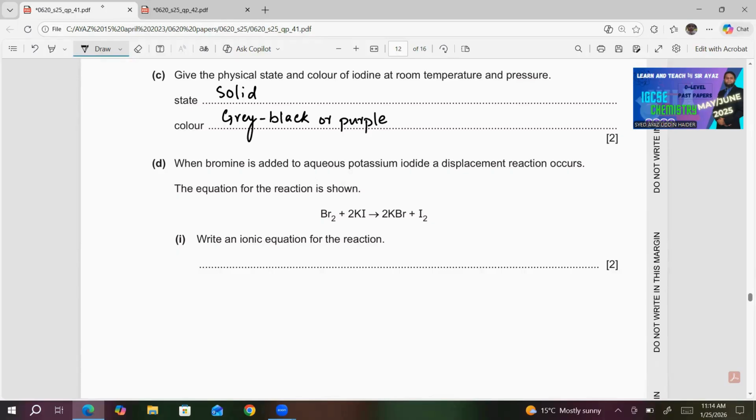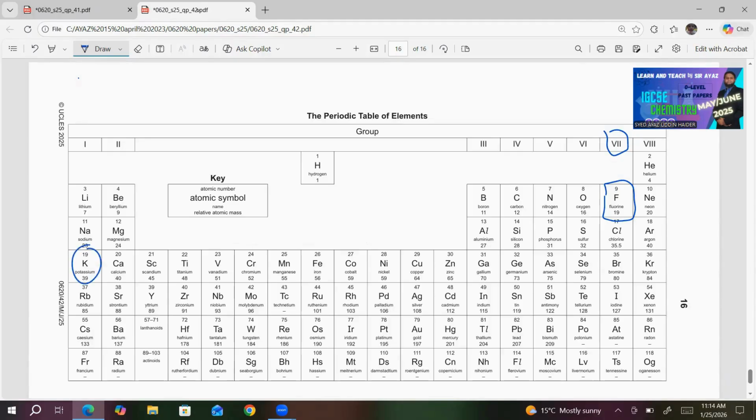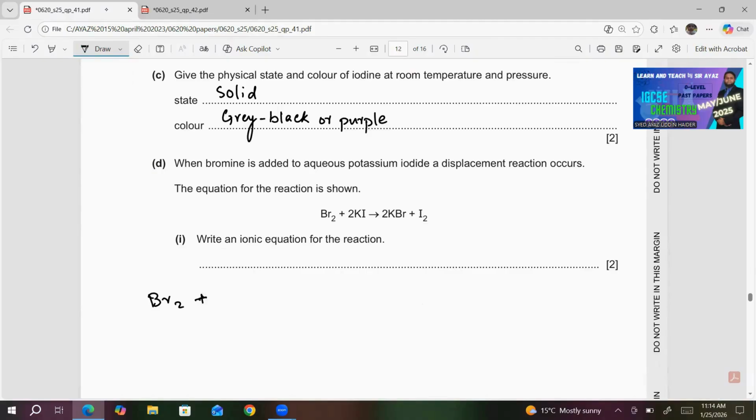So for the ionic equation, I need to separate the charged ions in this equation. So I'm going to write Br2 plus K. K belongs to group 1, so it must be carrying plus charge. So I will write 2 moles of K plus.